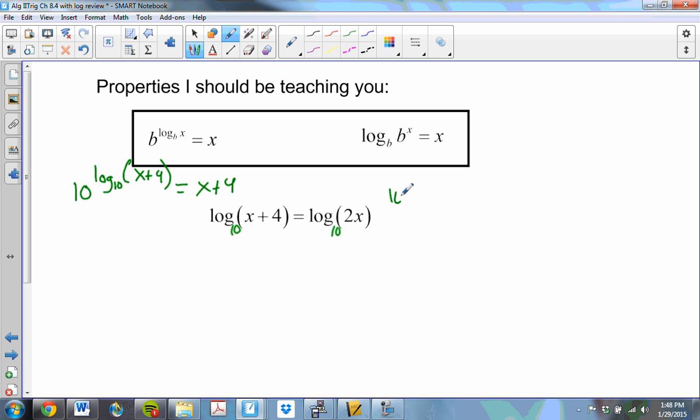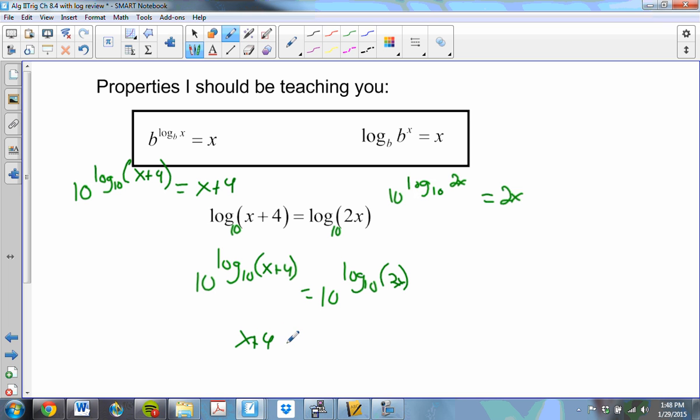And if I did 10 to the log base 10 of 2x, that would just equal 2x. So really what the book would do is take both of these sides to the 10th power, and then drop the logs. So I'm just skipping that step in between and going from there, but I'll talk about that a lot more later. Thank you.